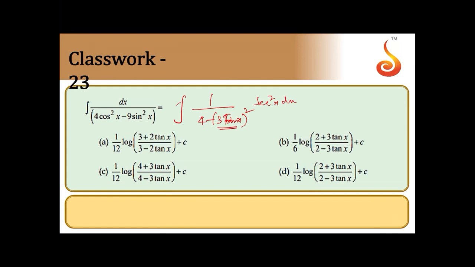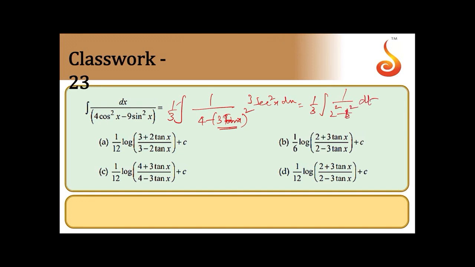Of course, since it is 3 tan x, the derivative is 3 secant square x, so 1 by 3. It is in the form of a square minus x square. That equals 1 by 3 times integral 1 divided by 2 square minus t square dt.